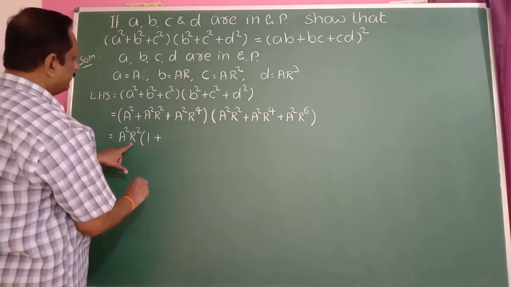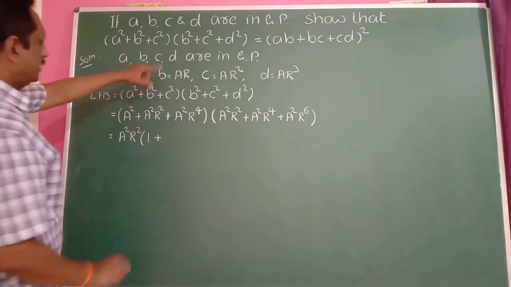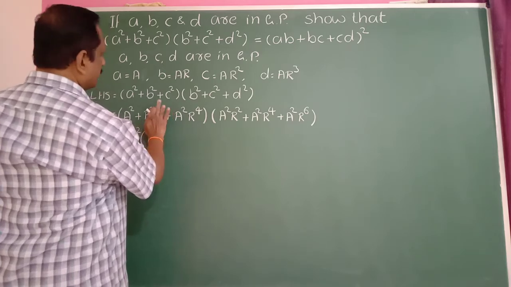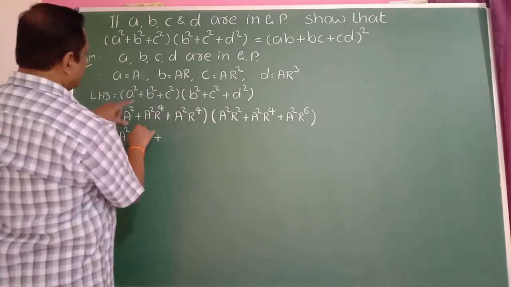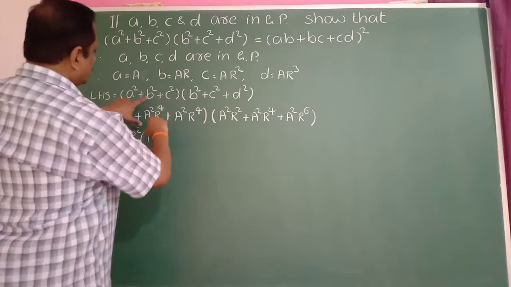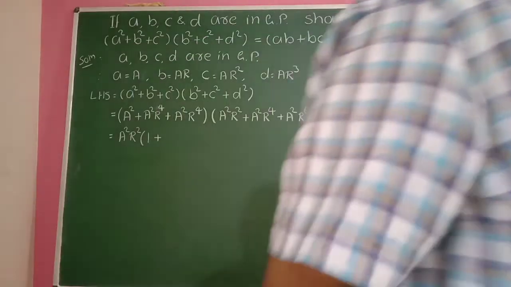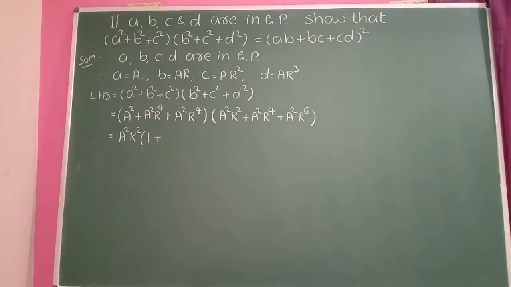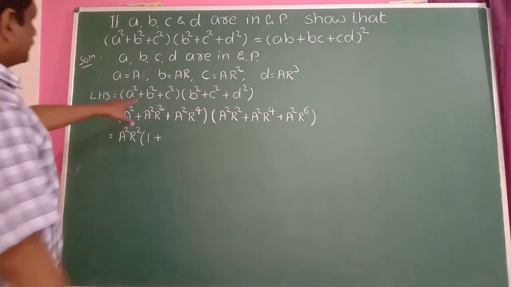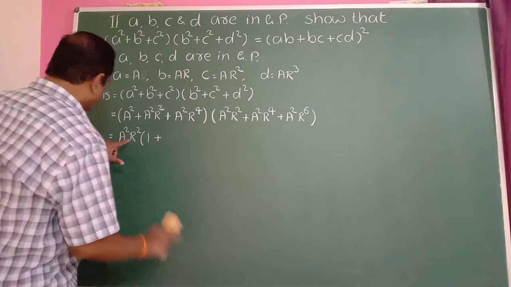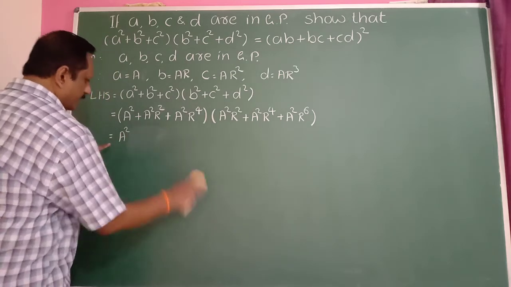Then write here 1 plus r square plus r to the 4. In the first bracket, b square means a square r square, but we take only a square as the common factor, not r square.